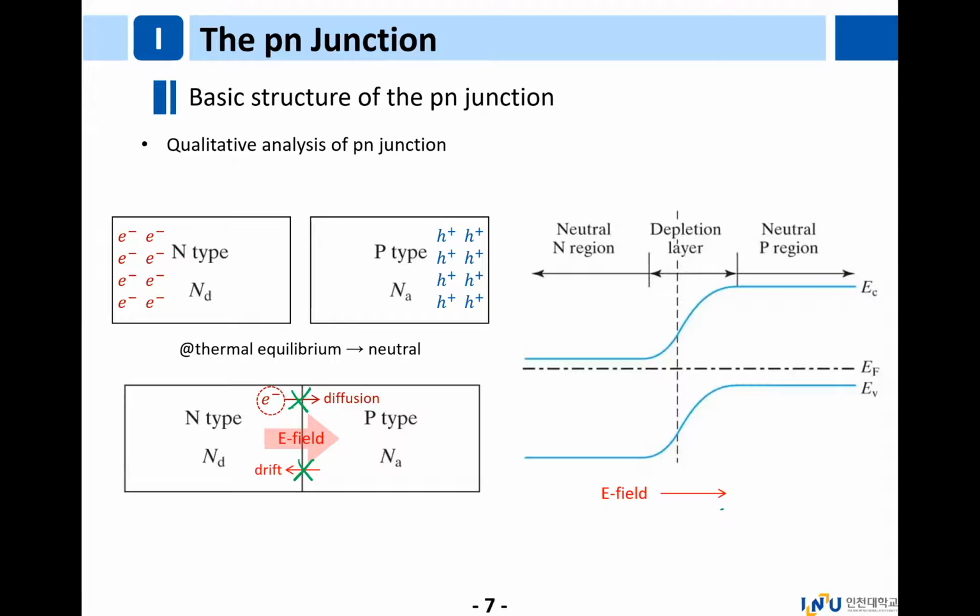Alternatively, interpreting in terms of energy levels, during thermal equilibrium, the fact that electrons are diffusing to the right implies that they are transitioning to higher energy levels. It can be viewed as the creation of an energy barrier for this electron, right?